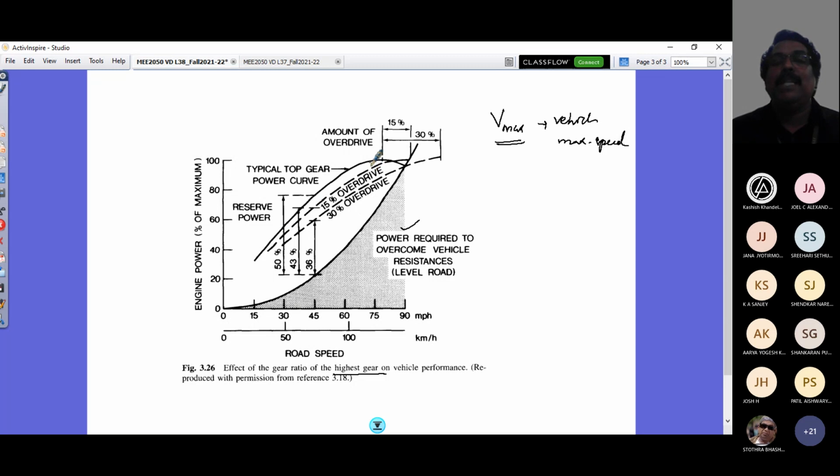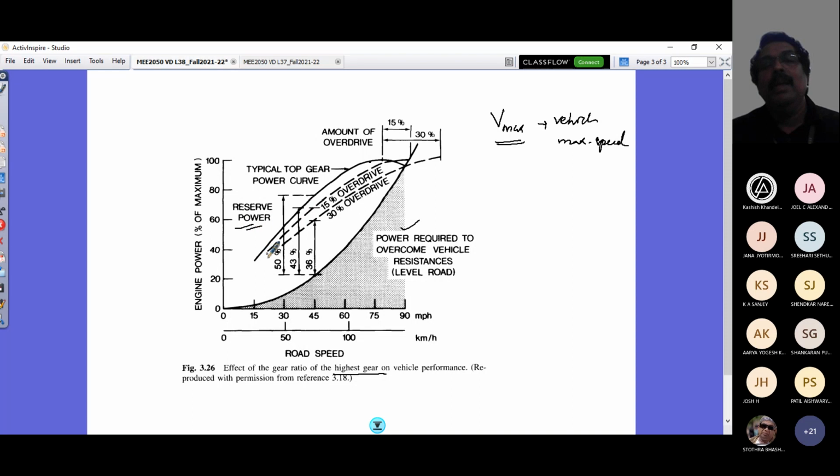Here you have the maximum power, but if you have overdrive gears, those would normally be preferred. The maximum vehicle speed is normally chosen beyond the maximum power point of the engine. That would be achieved through overdrive gears. So you can have 15% overdrive or 30% overdrive, and that would have this reserve power.